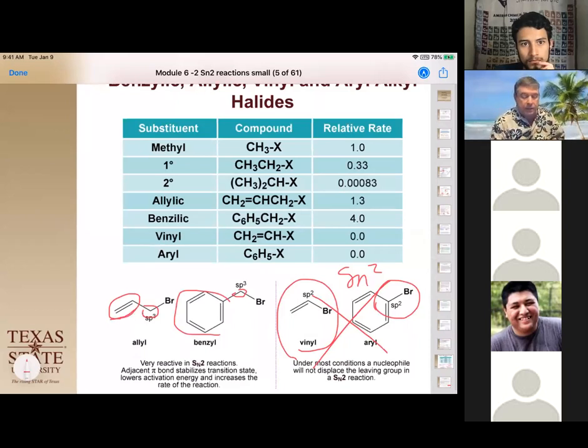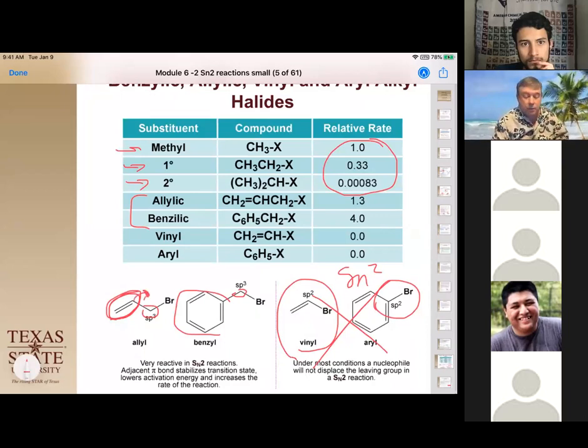The pi bond here can help stabilize that transition state. So what we see here is, in the case of our methyl, primary and secondary, we see the same trend of relative reactivity, and that's based on sterics. However, once we get to that 1 over carbon with that double bond, we can actually speed up the reaction rate because our electrons can donate to that transition state and stabilize it.